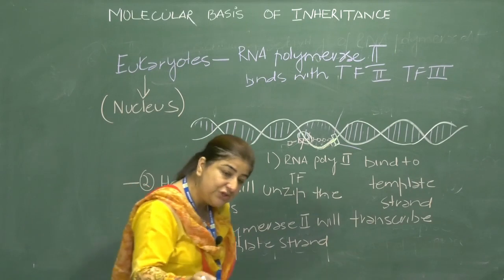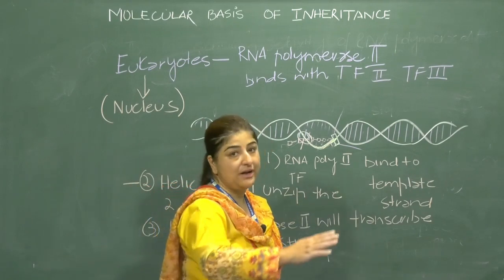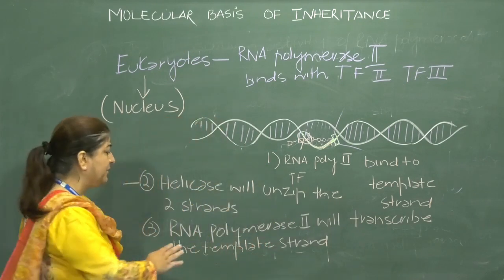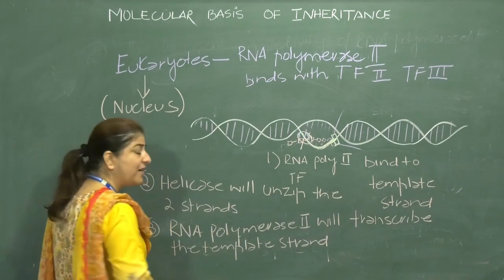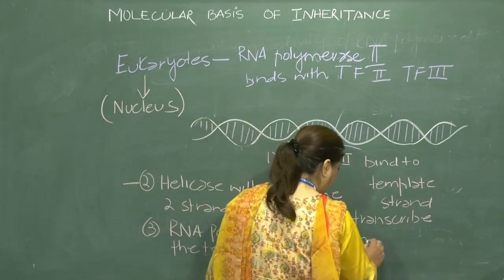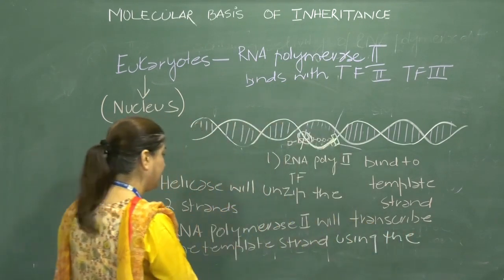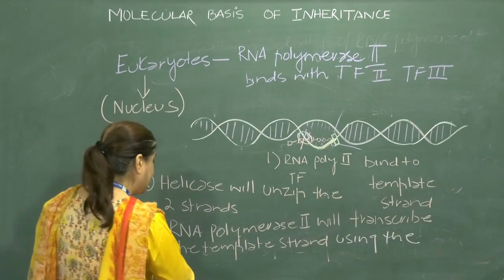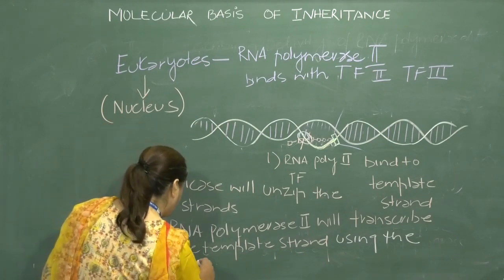They first need to get activated and are converted into triphosphates. So same process here: RNA polymerase second will transcribe the template strand using the ribonucleotides.